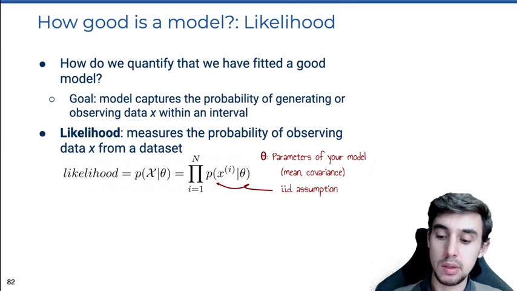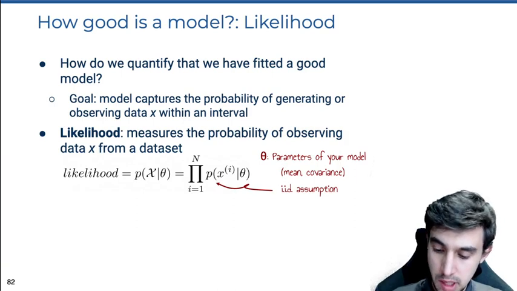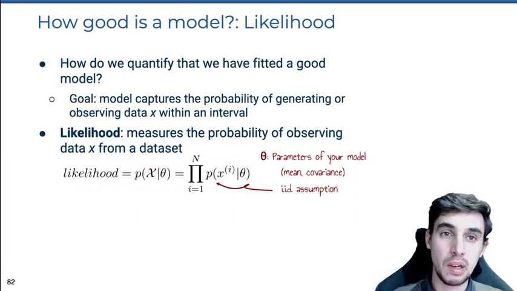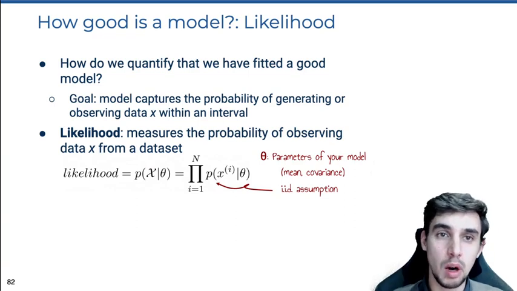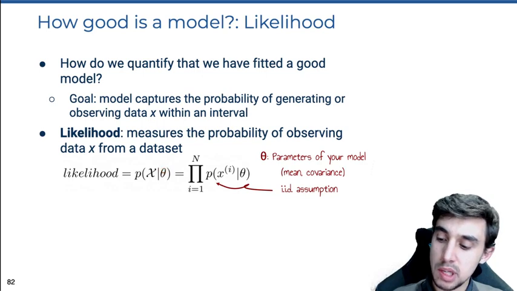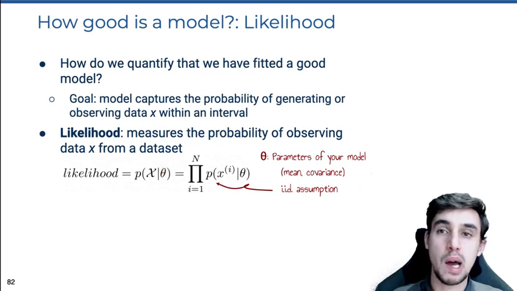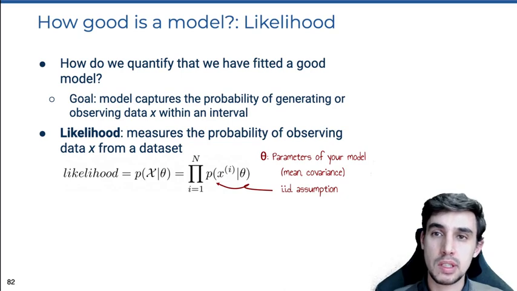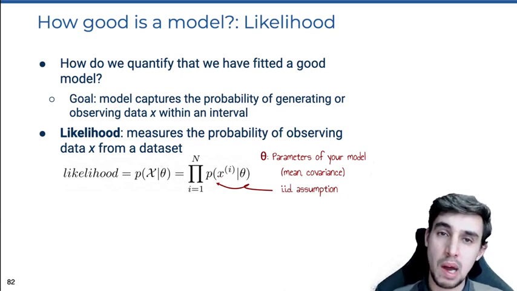And so the likelihood is simply, so here we have the capital X, that means actually all the points x in the training data set, and theta, which defines all the parameters of the model. So for instance, in the case of a Gaussian distribution, it will be the mean and the variance or the covariance parameters.